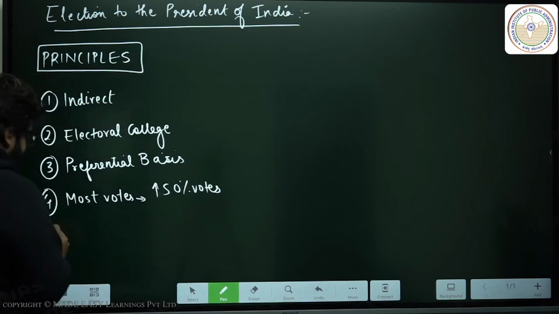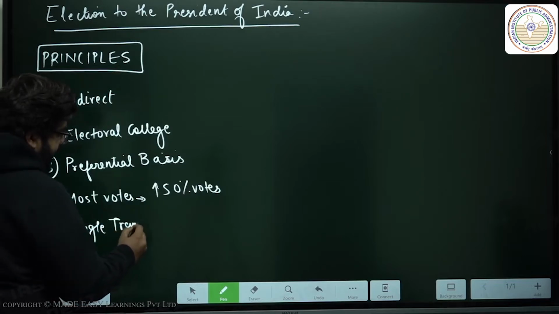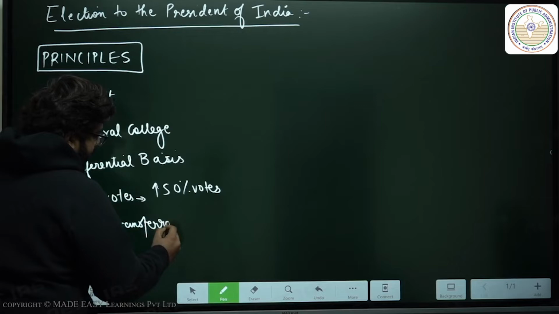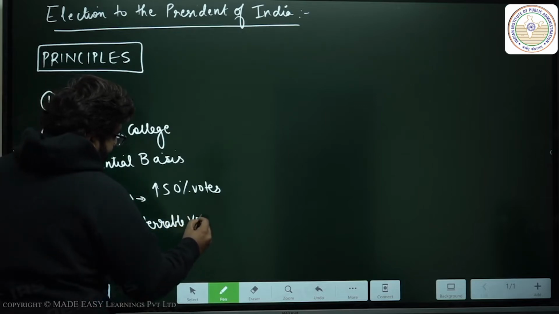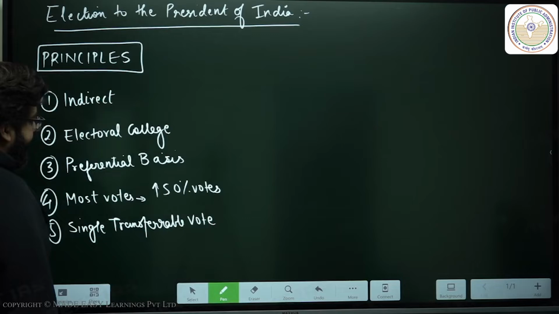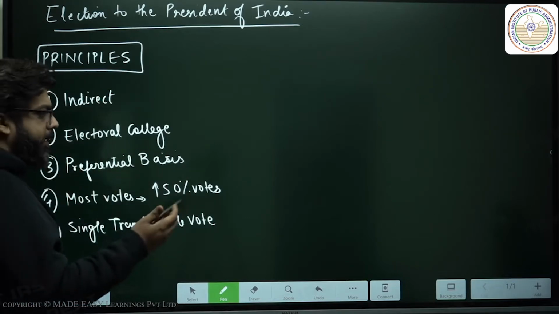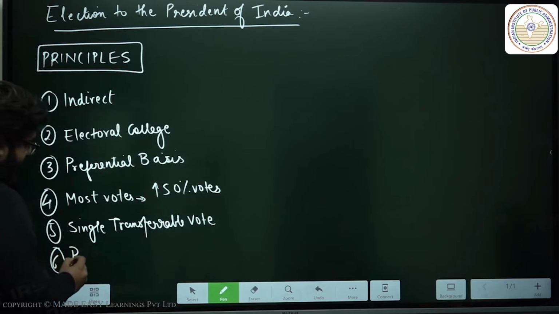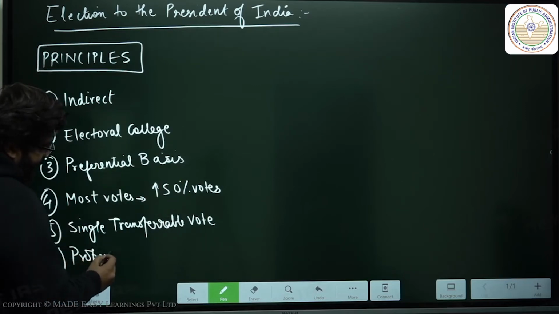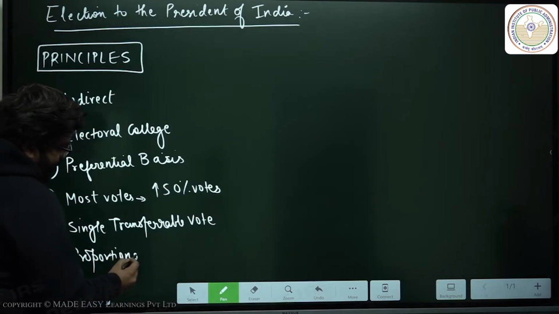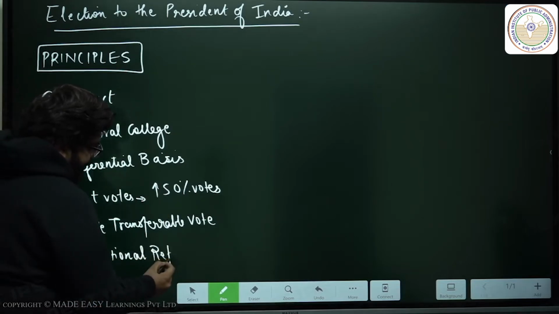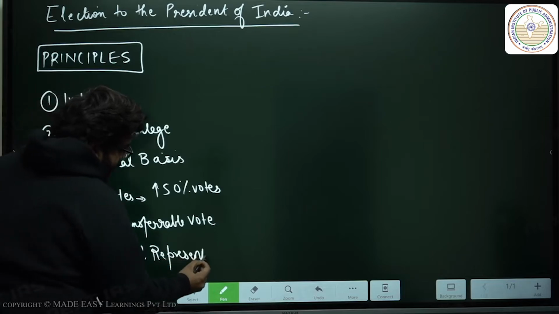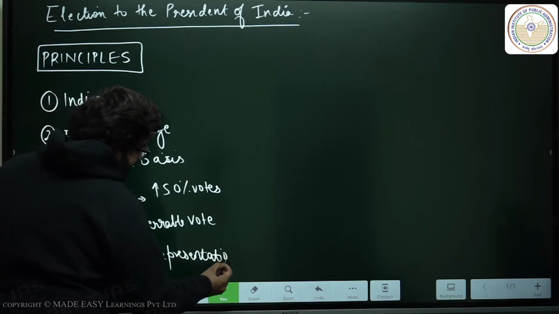and for that the votes have to be transferred, so it will be a single transferable vote in case needed, and the value of the votes will be dependent on the population, and therefore it will also use principles of proportional representation.